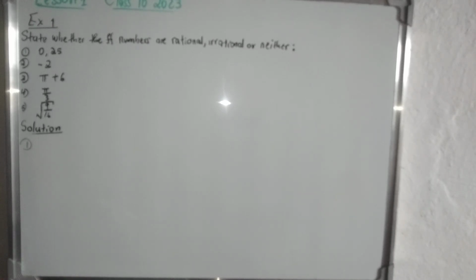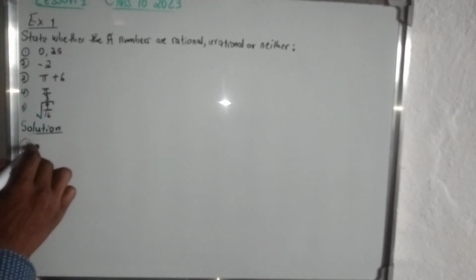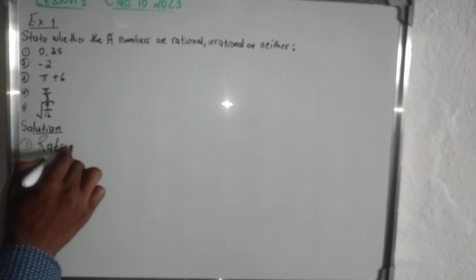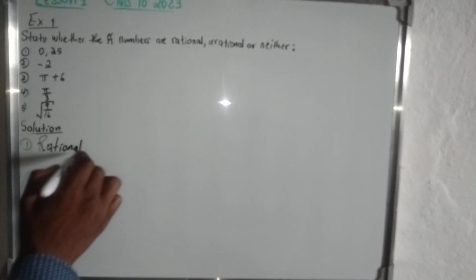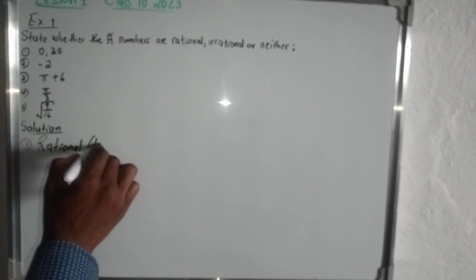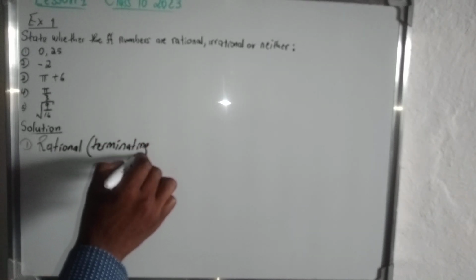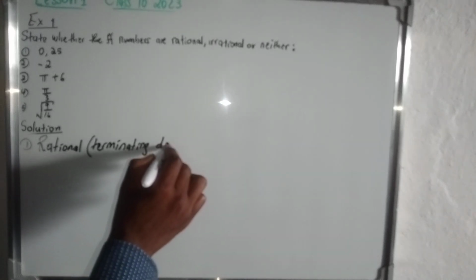Therefore, the terminating decimal is under rational. So that is the perfect answer for the first question. That is rational. Why? Because it is a decimal.